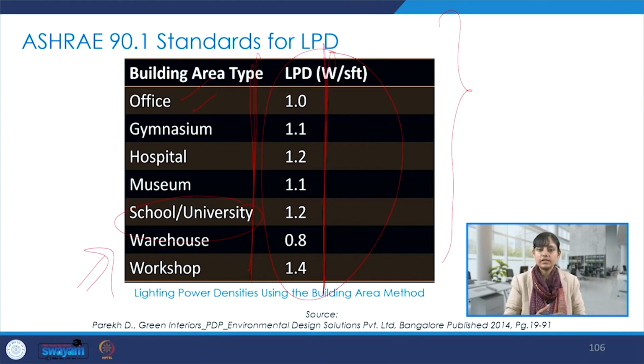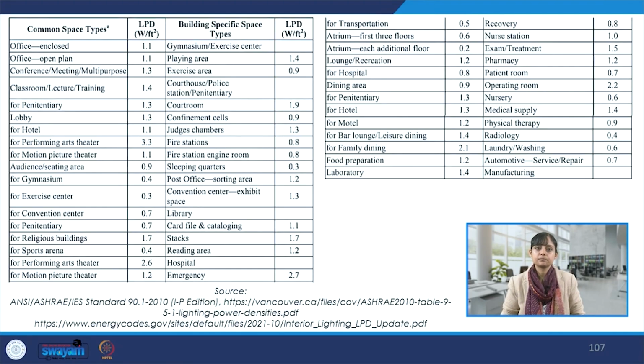So we can always refer to these, and then we can do the LPD calculation in the projects that we have designed or the spaces that we are using, even for our houses, our offices, and we can see how much is the difference from the base value, and if it is significantly high, what strategy could be implemented to reduce it so that the lighting energy consumption can be minimized.